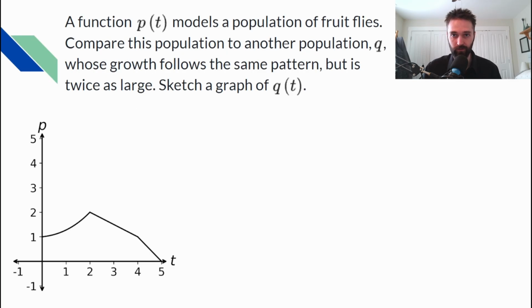Let's look at an example, let's see an application. A function p of t models a population of fruit flies. Compare this population to another population, q, whose growth follows the same pattern but is twice as large. And then we're asked to sketch a graph of q of t.